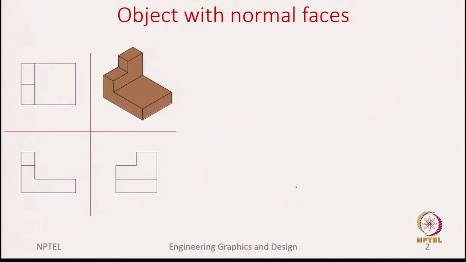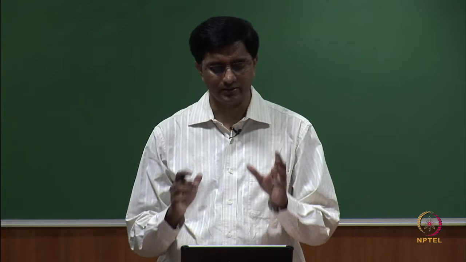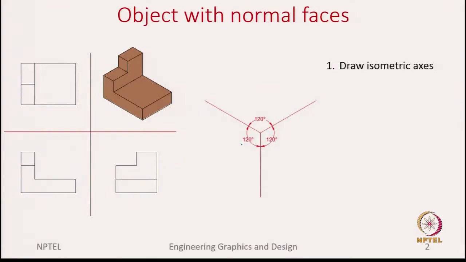Now, the point is, how do we start to draw this object in the isometric view? So, the first step is to draw the isometric axis. We know that all these axes make equal angles, and as shown here these are 120 degrees apart. So, we do not show those angles, we only draw the isometric axis. So, let us say this is the point where we start from.